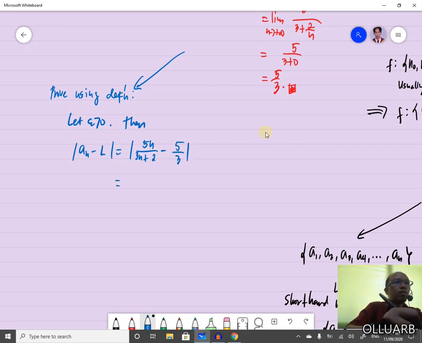Let's simplify this, get the LCD. Our LCD is 3 times 3n plus 2, so we have 3 times 5n is 15n, minus 5 times 3n plus 2.